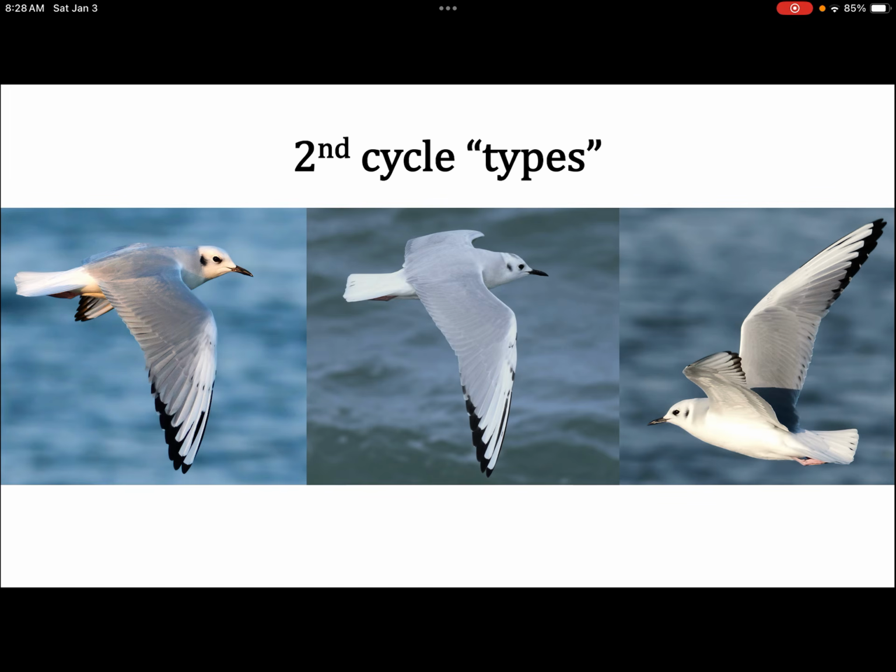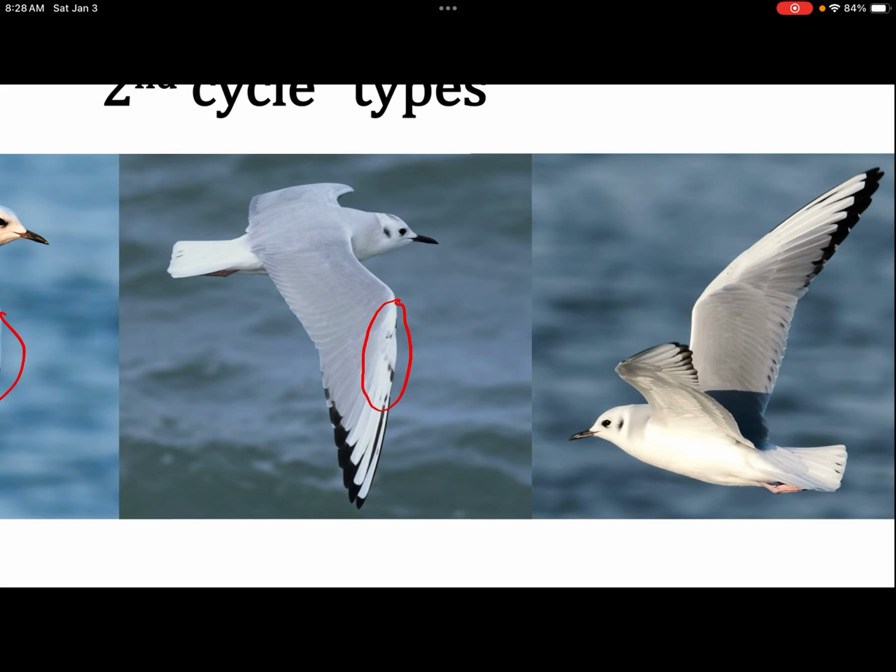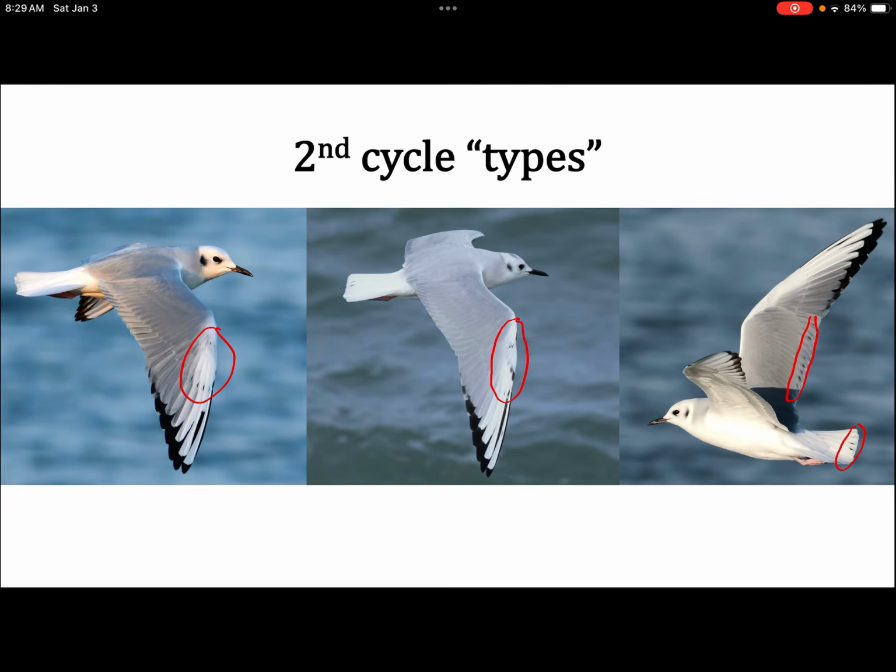But if we look closely, usually one of the first features that you'll notice are marked primary coverts. Some spotting, some streaks, just some marks that you wouldn't otherwise find on an adult. Some other features, less commonly, would be a few streaks on the tail, or a few spots on the secondary coverts. These are not commonly seen from a distance, unless you're looking very, very closely.